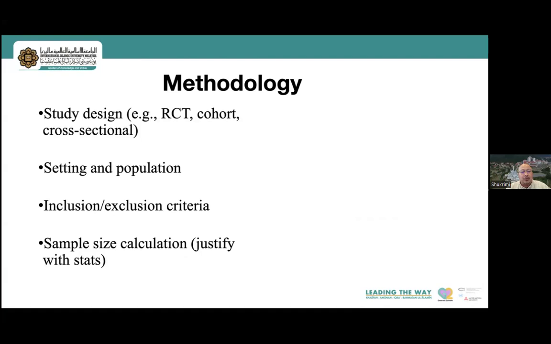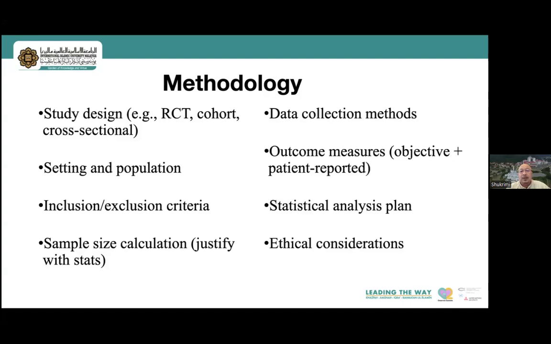And of course, they also want to know our sample size. This is what we need to justify with a good statistician discussion prior to our submission of the proposal. Then they want to know how we are going to collect the data, what the outcome measures are, and ethical consideration needs to be clearly explained.